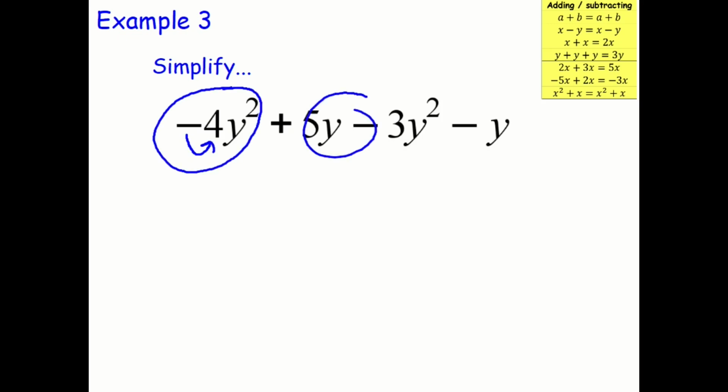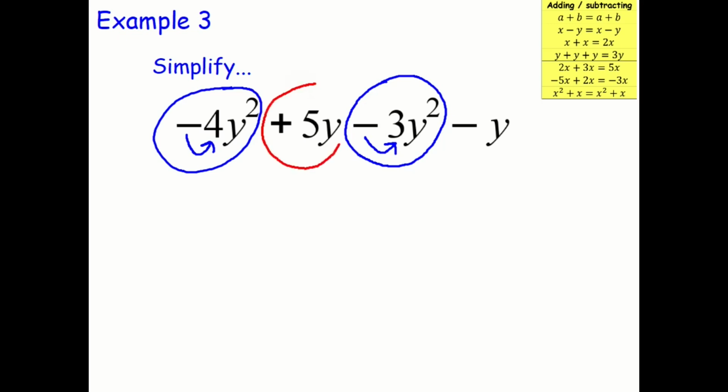Okay, don't just put the circles any old how, like that. You've got to make sure that you're putting it where the sign is, it goes with the number or letter immediately to the right of it. Okay, so this plus belongs to the 5y. This minus belongs to that y. And if there's no number there, it is the same as just having a 1.